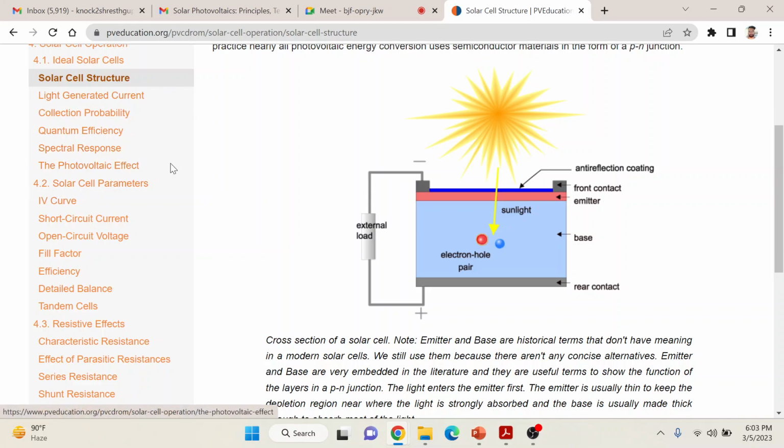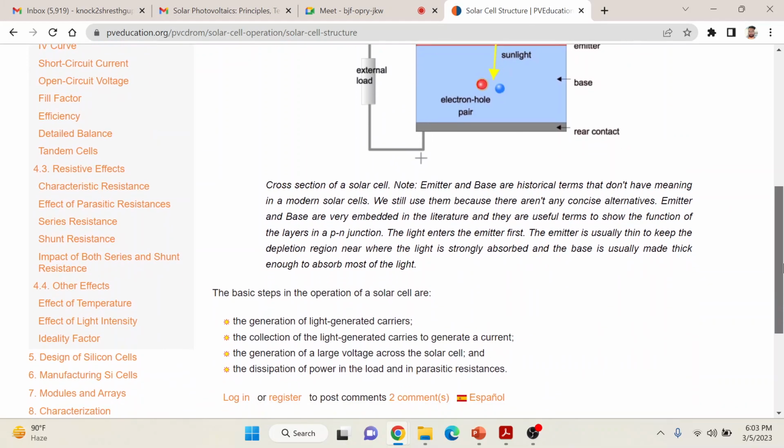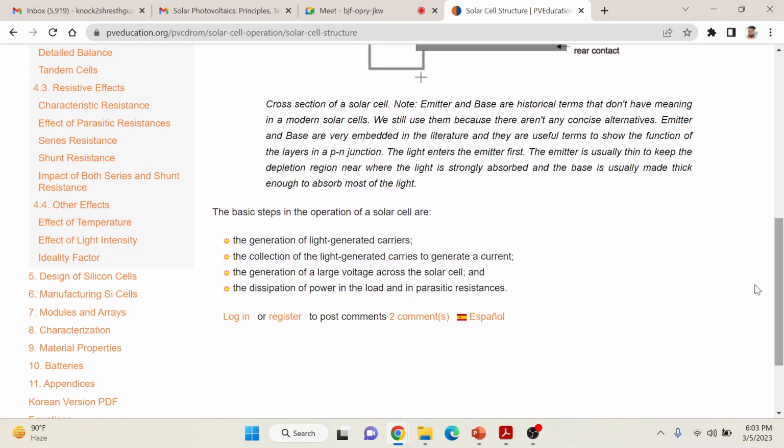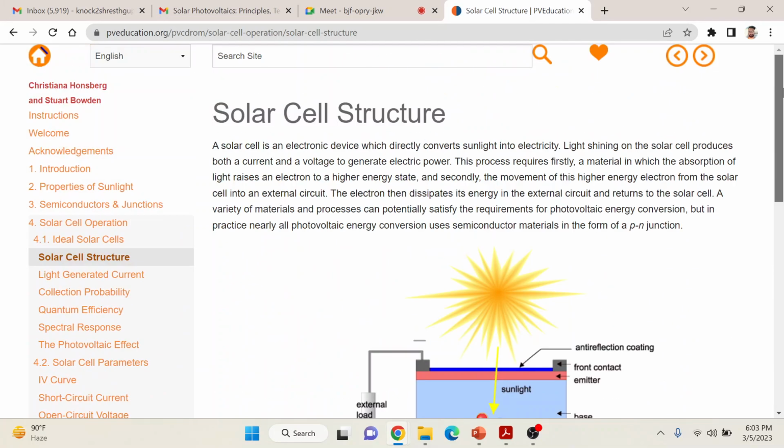After that there are certain solar cell parameters: IV curve, short circuit current, open circuit voltage, fill factor, efficiency, detailed balance, tandem cells, and so on. And then there are certain characteristics and effects, such as the effect of temperature and light intensity, and the ideality factor with respect to solar cells.